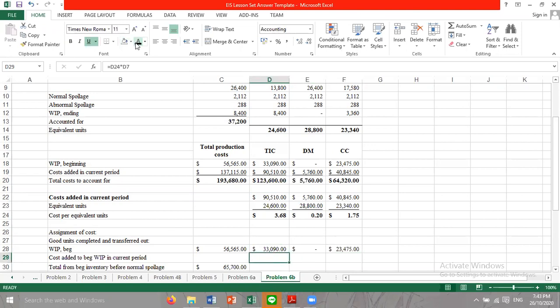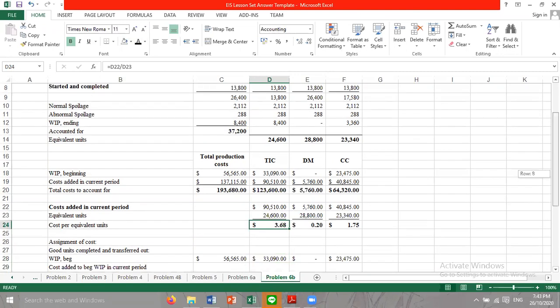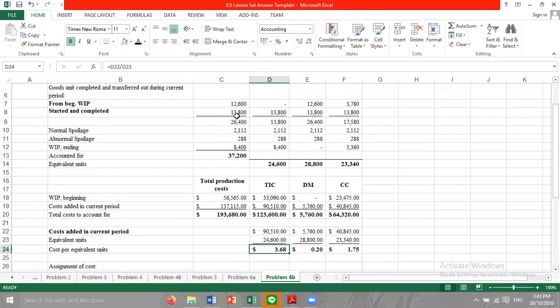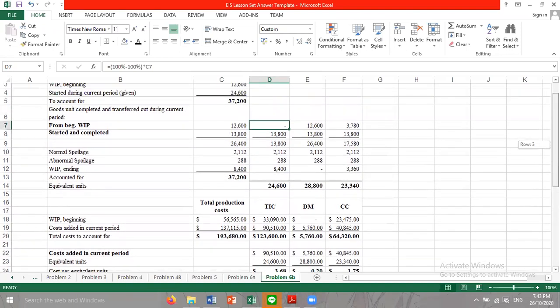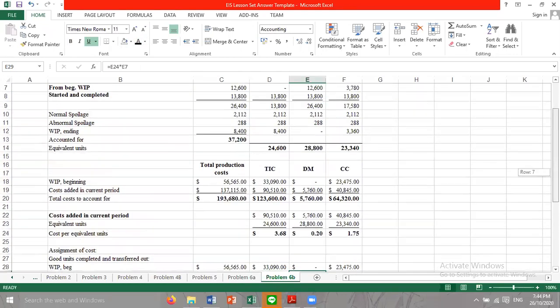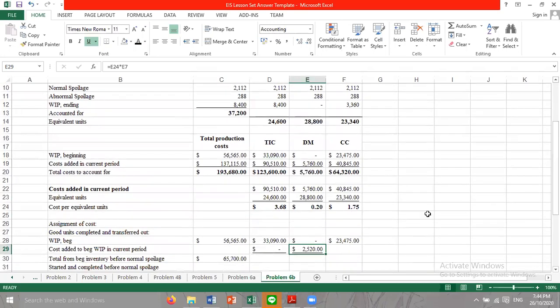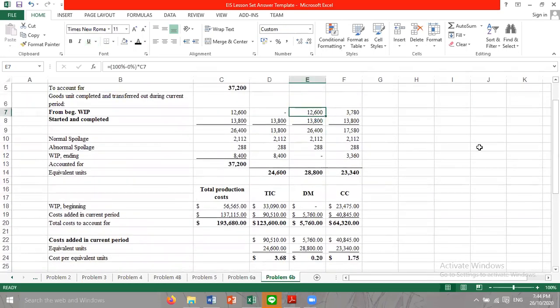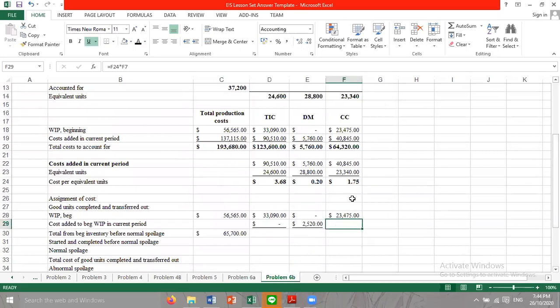But we do calculate the cost added to the beginning work in process, which is the cost per equivalent units multiplied by the equivalent units from beginning WIP in the equivalent unit table above. This is 0 times 3.68, so it's 0. This is 0.20 times 100% at 12,600, sorry, here. Then this is 3,780 times 1.75. And we'll get a sum of 9,135.